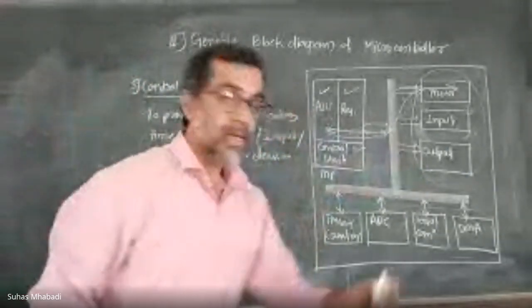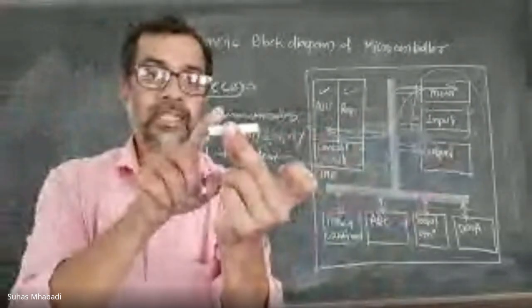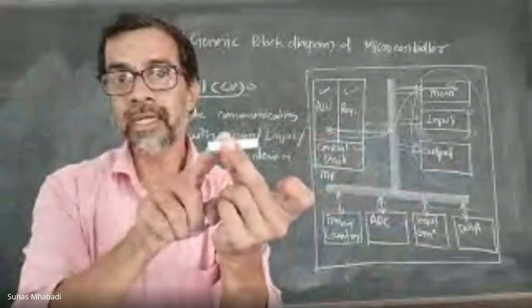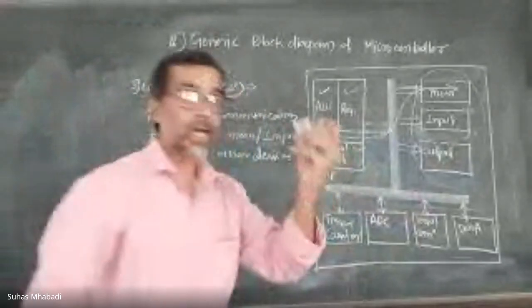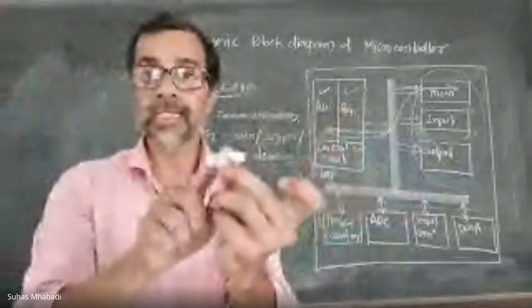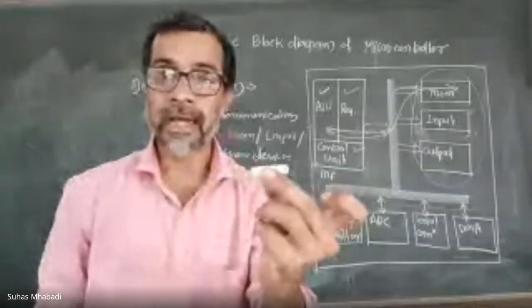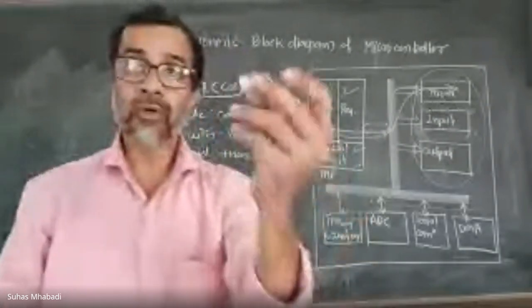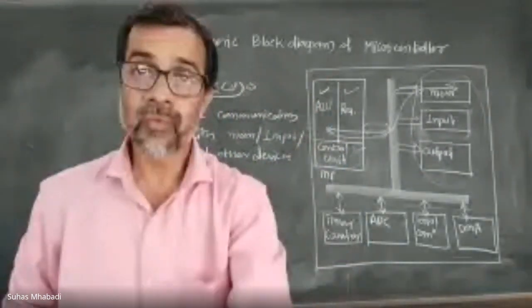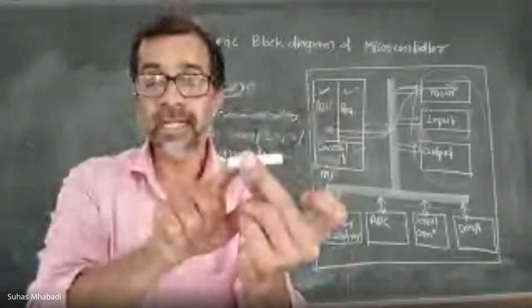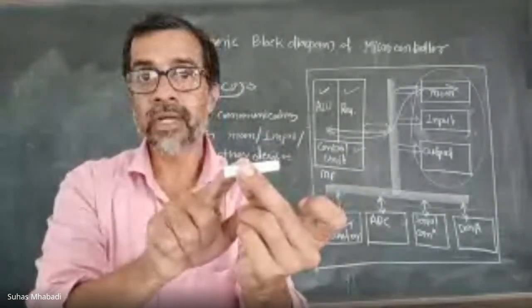This line will generate the signal memory read. One more line will generate a signal memory write. One more signal will say input read. One more signal will generate a signal like output write.